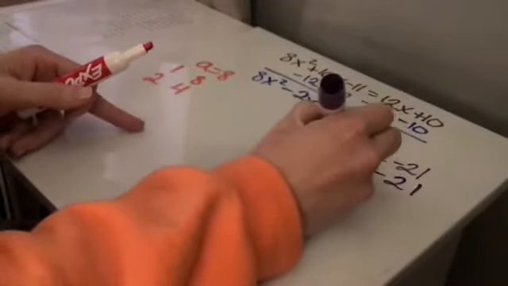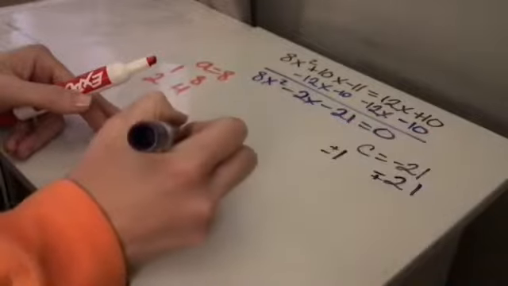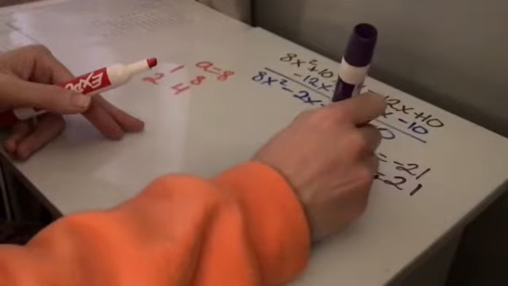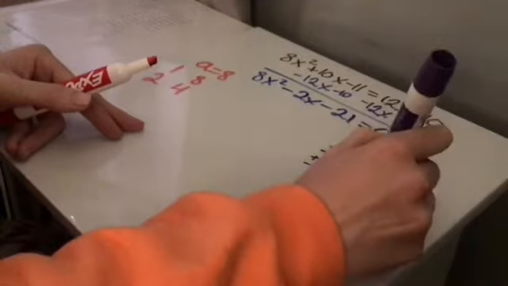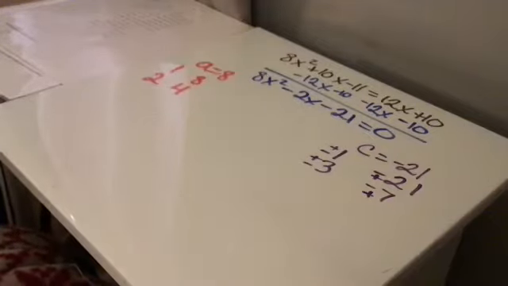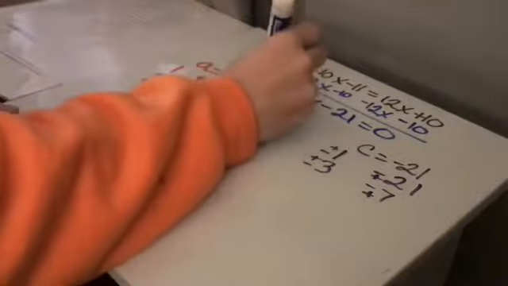We could do negative 1, positive 21. 3 and negative 7. Negative 3 and positive 7. Those are your factors of negative 21. And then you want b to equal negative 2. Okay? So check your factor pairs.